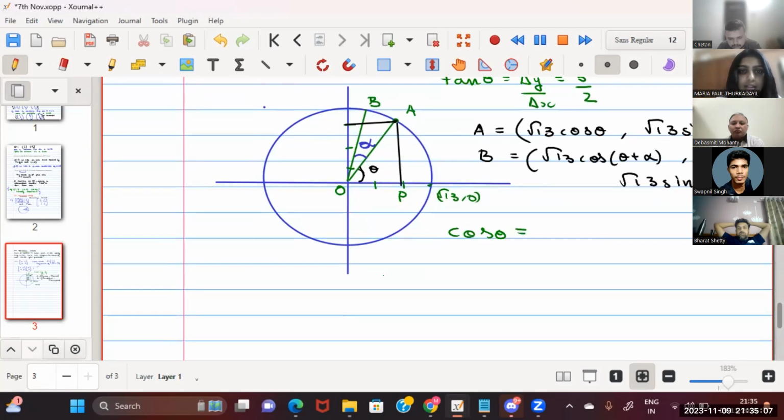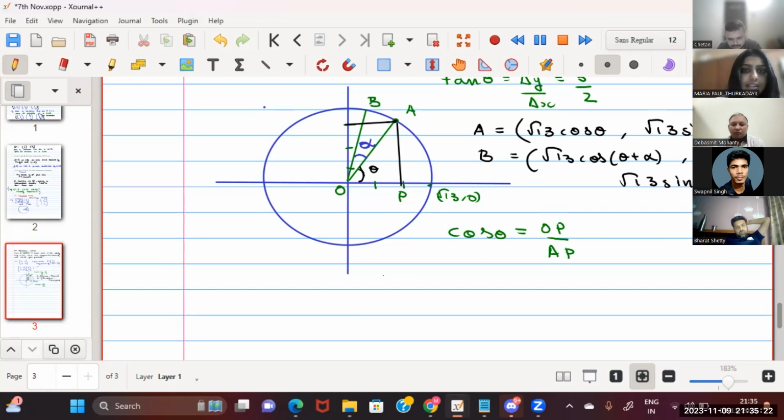Cos theta here would be the adjacent side by the hypotenuse, so OP by OA. Your x coordinate is OP, so OP is what we have to find out.